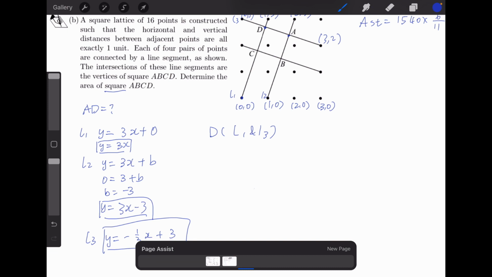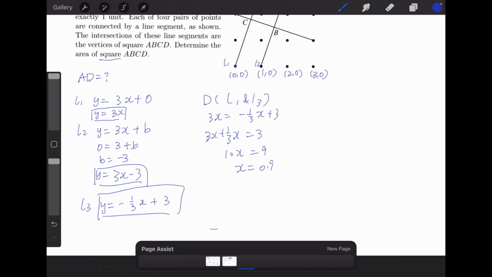That gives us 3x equals -1/3 x plus 3, so 3x plus 1/3 x equals 3, 10x equals 9, and x equals 0.9. If we plug 0.9 back into the equation of line 1, we get y equals 2.7. Therefore, the coordinates of point D are (0.9, 2.7).